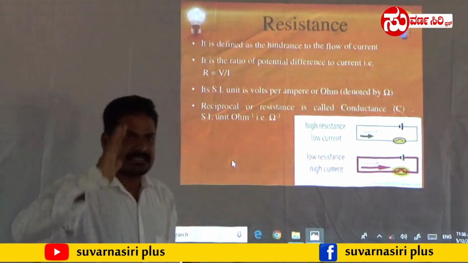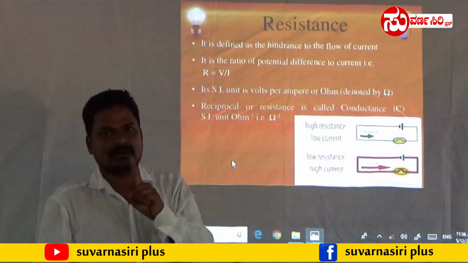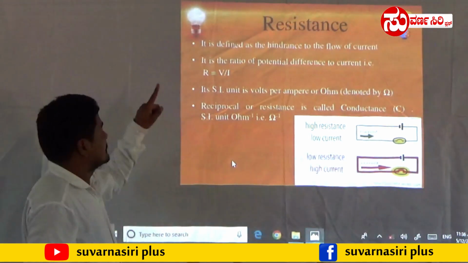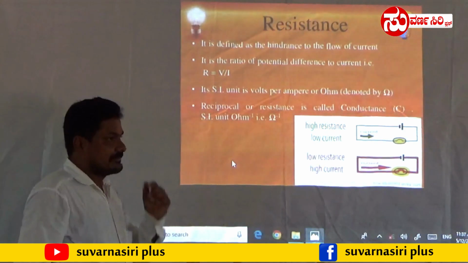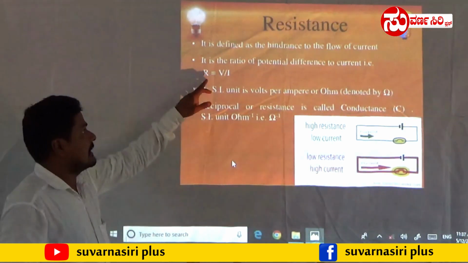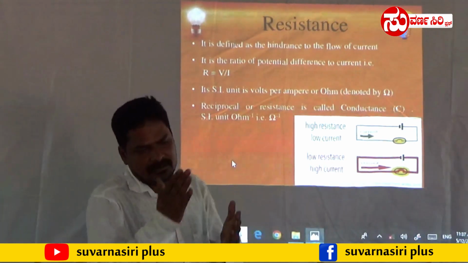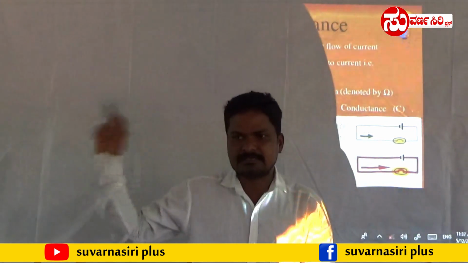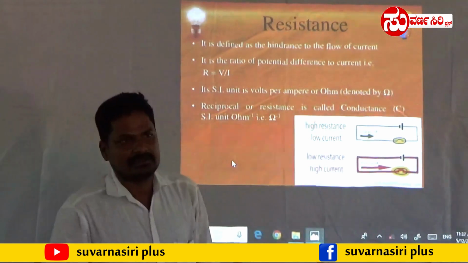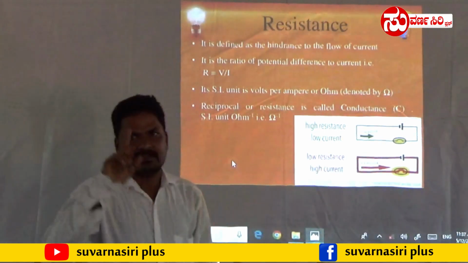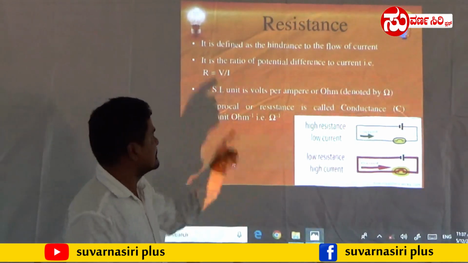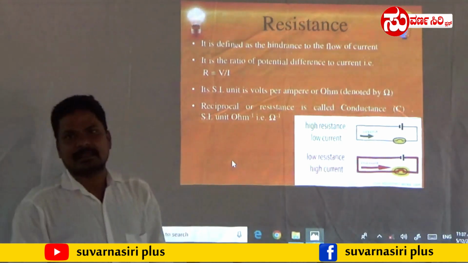Anything which can oppose the electric current is called resistance. It is the ratio of potential difference and current: R is equal to V by I. According to Ohm's law, V is equal to IR, so R is equal to V by I. Here R is resistance, V is potential difference, and I is electric current.